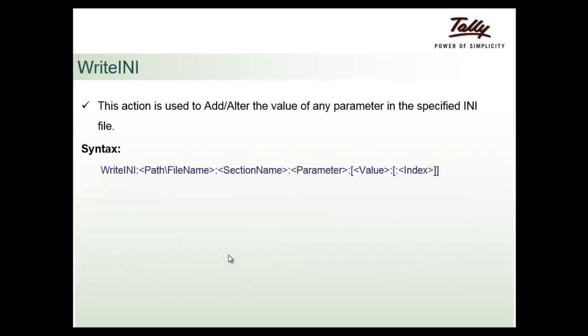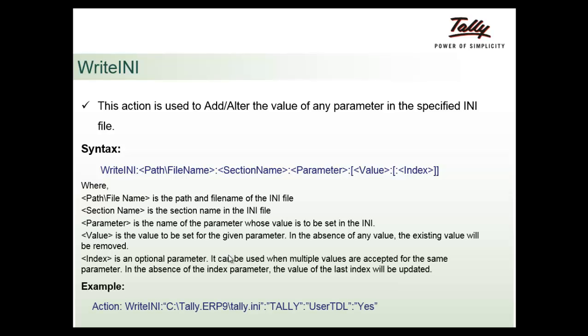Then we have the write INI action. With this you can add and alter values for any parameter in the specified INI file. You need to give the path and file name where the INI file is present, and there is the section name, then the parameter whose value you're changing, and then the value which you want to assign.